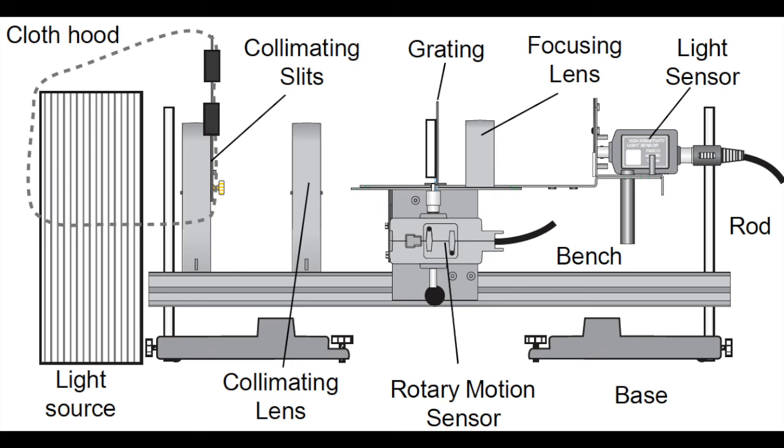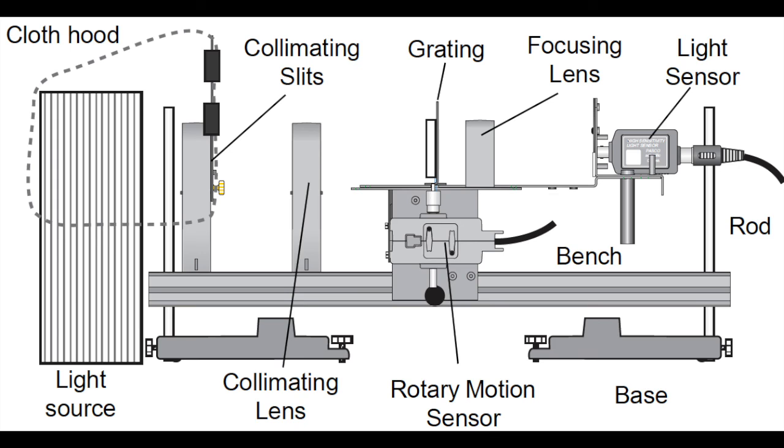The light source should warm up at least 10 minutes before the start of the experiment, and you should adjust the light source such that the collimating lens, the collimating slits, and the focusing lens provide a very sharp image on the aperture screen, and you should see the central ray and the first order spectral lines.